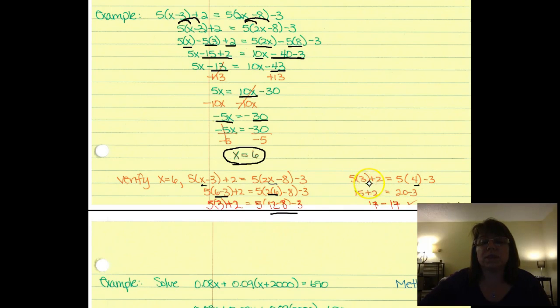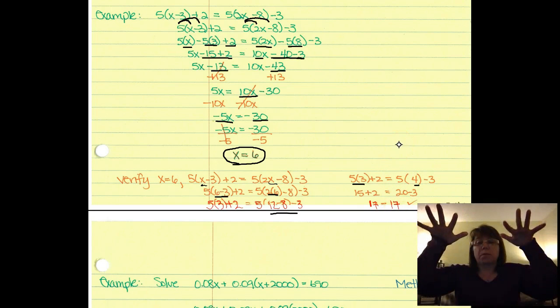So I have 5 times 3 plus 2 equals 5 times 4 minus 3. 5 times 3 is 15, plus 2. 15 plus 2 is 17. That is a 17 on that side. And 5 times 4 is 20, minus 3, 20 minus 3 is 17.